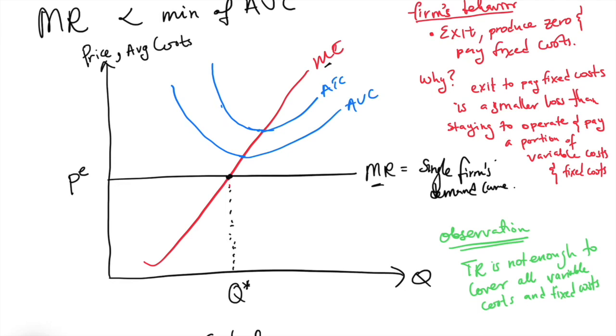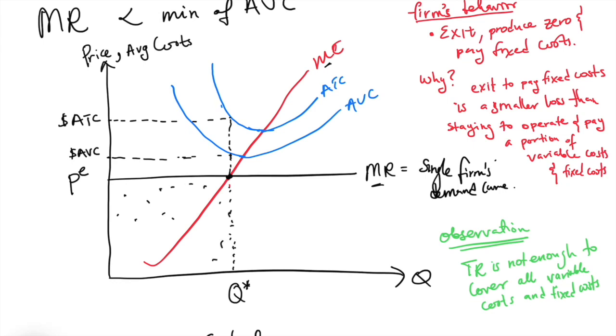Okay, we get our Q star, we extend that intersection to touch our average variable cost, and we will label that as the dollar value of average variable cost. We do the same, we touch the average total cost curve, dollar value, average total cost. Okay, what do you observe?